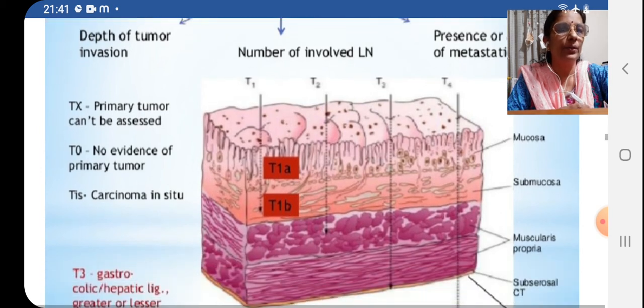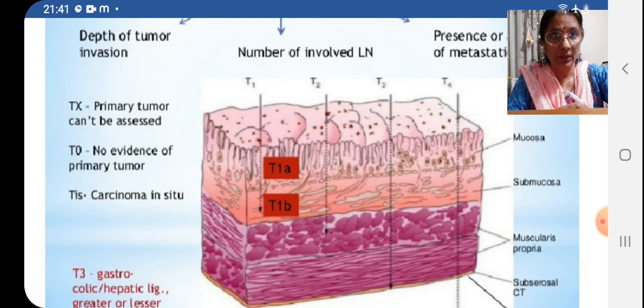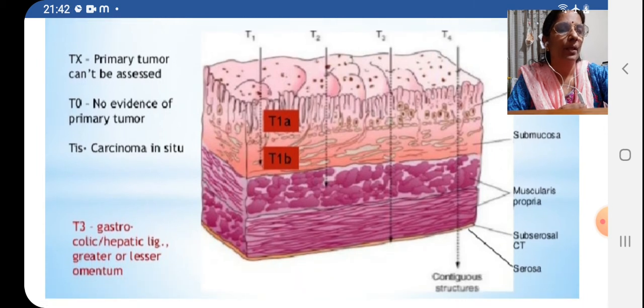I have already told you the layers of the stomach: mucosa, muscularis mucosa, submucosa, muscularis externa or muscularis propria, subserosal connective tissue, and serosa. So these are the layers of the stomach. TX is primary tumor cannot be assessed. T0 is no evidence of primary tumor.